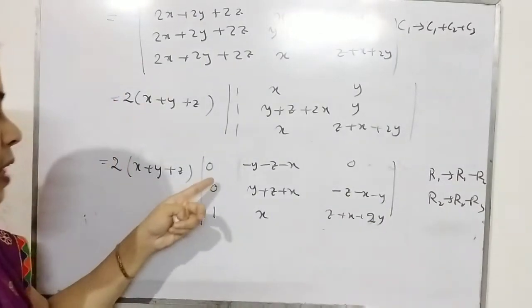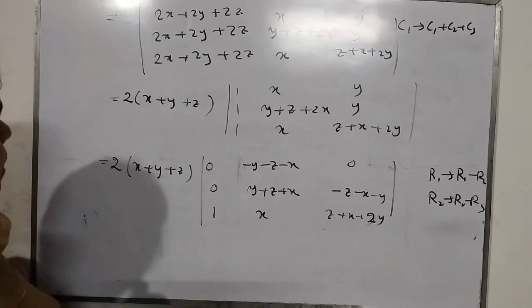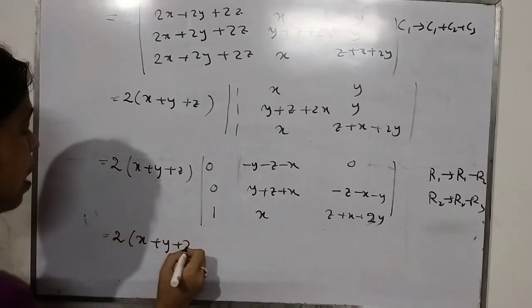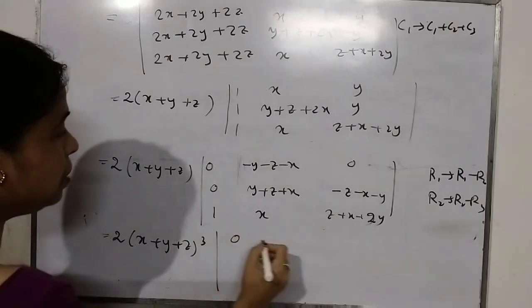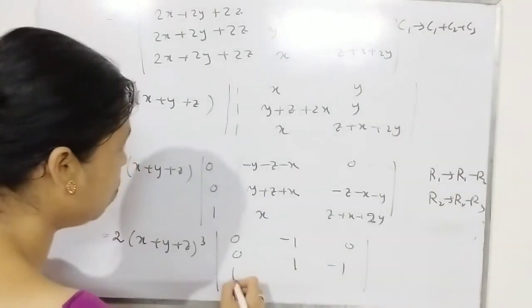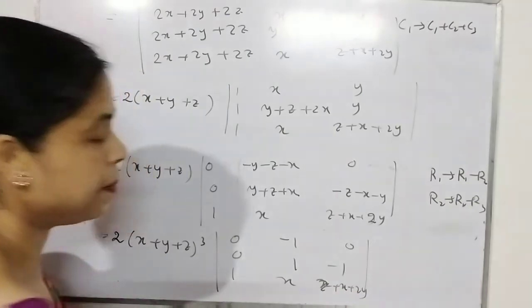Okay. Now again you see from the first row you can take common x plus y plus z and x plus y plus z from the second row also. So it becomes 2 times of x plus y plus z whole cube, which will give you 0, minus 1, 0, 0, 1, minus 1, 1, x, z plus x plus 2y.